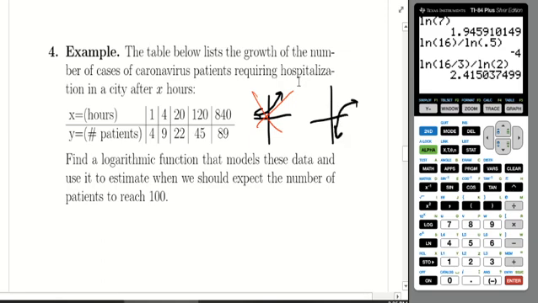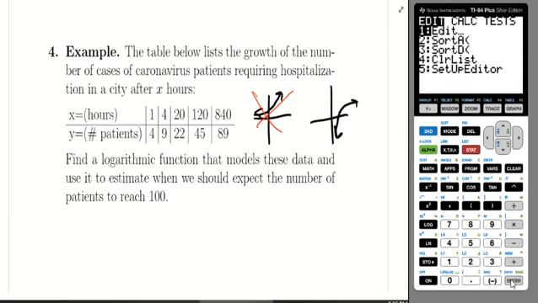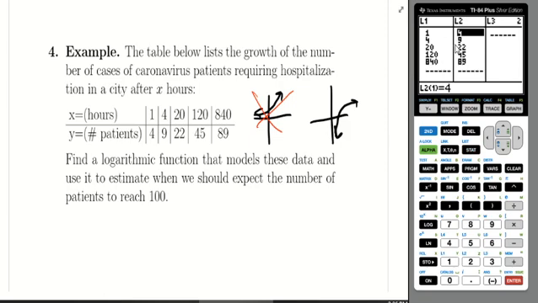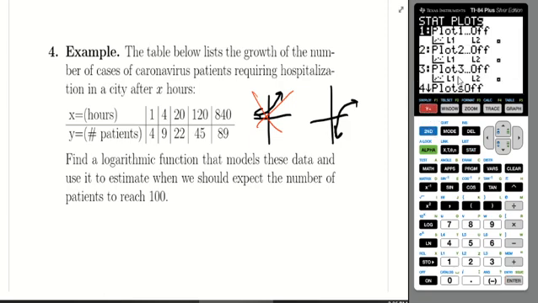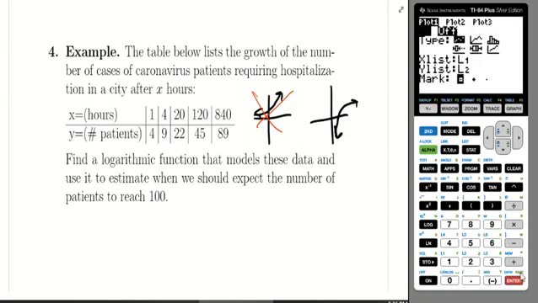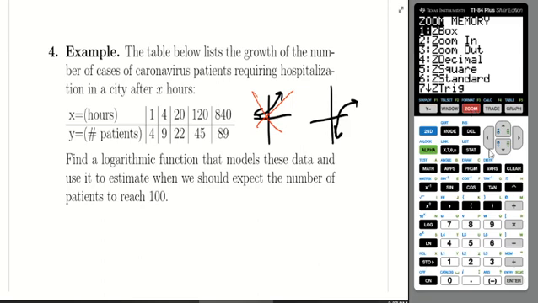Okay, so check this out. So stat edit, I already put the data in there. Then I do second y equals, I want to turn on my stat plots, and then do zoom number 9, which is zoom stat.